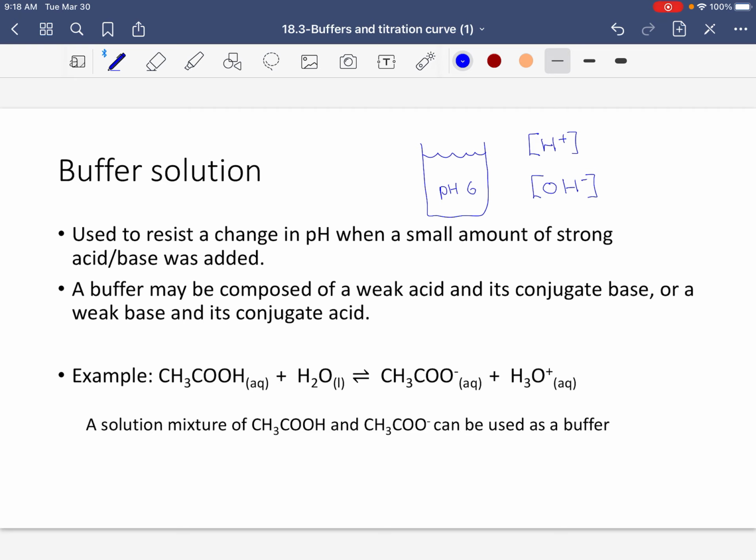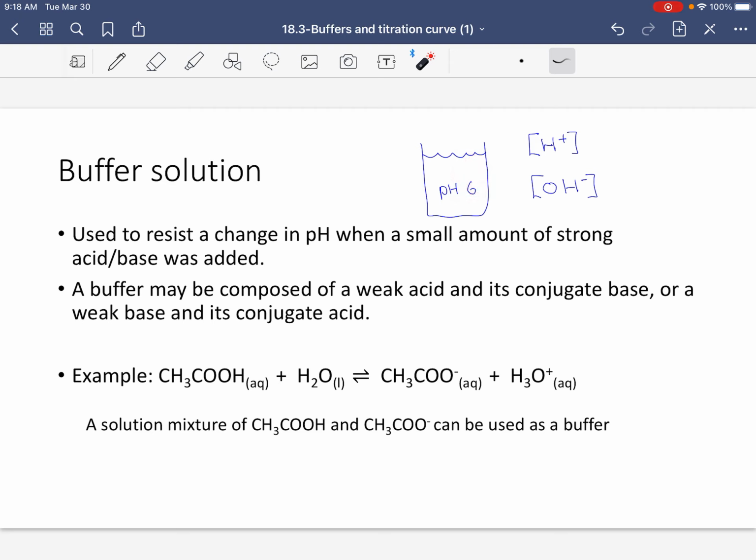If somehow some H plus got in here, pH will drop. But if you have a buffer in there, the buffer will say, hey H, what are you doing in here? Let me take you away so you don't mess with this number. Or the buffer solution might say, hey OH, what are you doing in here? Let me take you away so you don't mess with this number, so this doesn't go up.